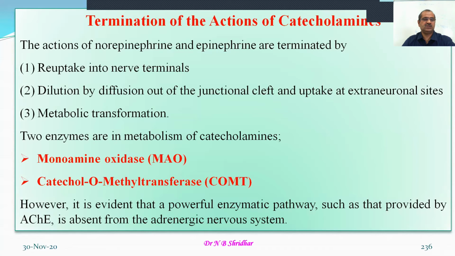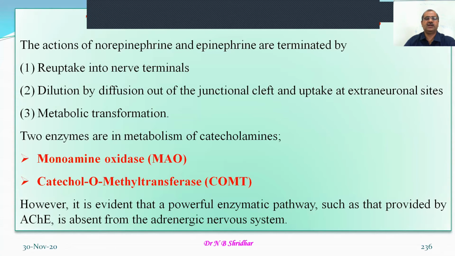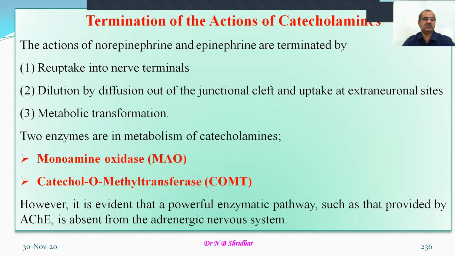These two enzymes are present, but they are not as strong as acetylcholinesterase, which is present in the cholinergic nervous system and metabolizes acetylcholine into acetic acid and choline in a flash-like manner. MAO and COMT are not so effective.